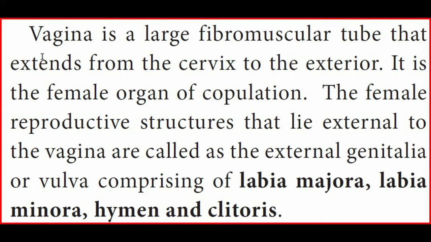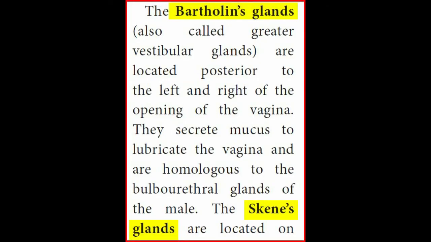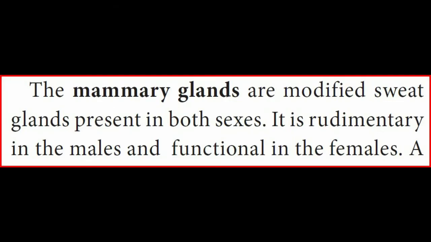Once again, the external genitalia or vulva consist of 4 parts: labia majora, labia minora, hymen and clitoris. Additionally, there are some glands: Bartholin gland and Skene's gland. Okay, children? Next, we are going to learn the mammary gland.